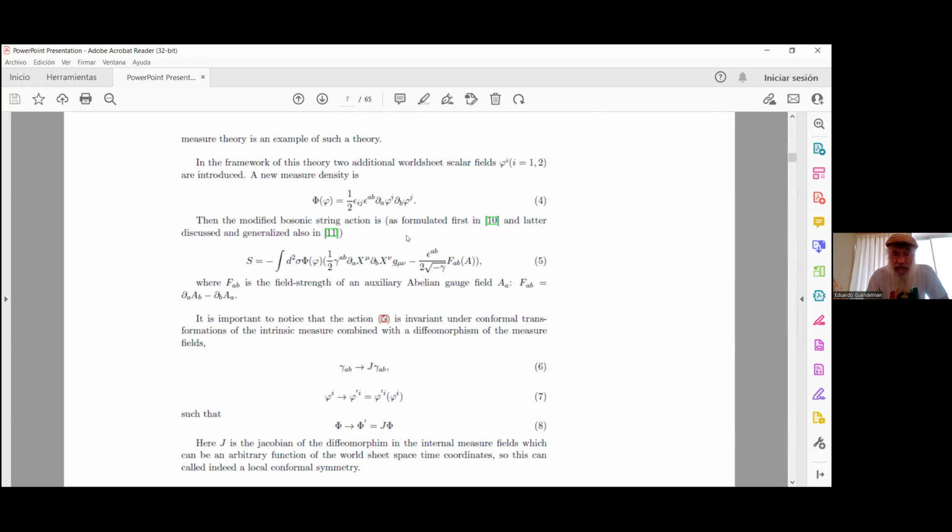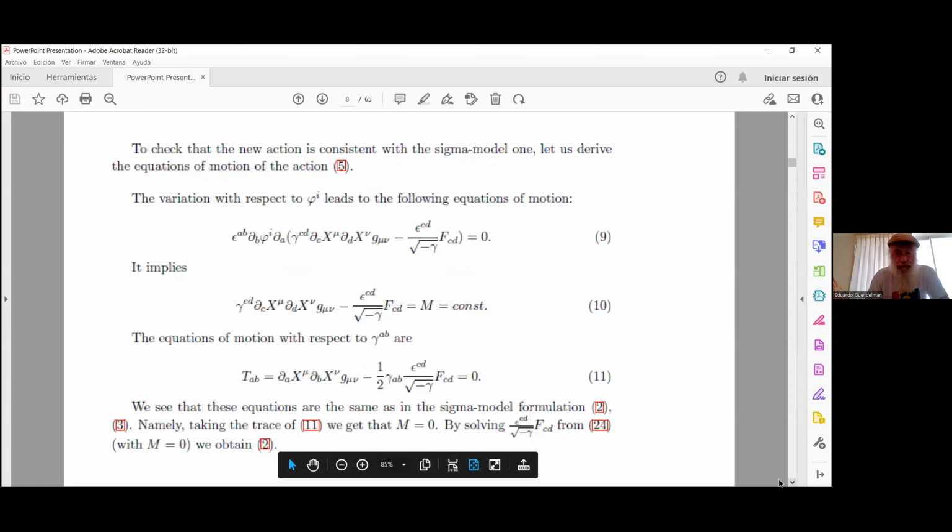And this is a consistent theory, and it has a conformal invariance: gamma_ab goes to some function J times gamma_ab. This function J is also the Jacobian of the transformation of the scalar fields, so phi goes to phi times the Jacobian, and this is also under this scale generalization of conformal invariance.